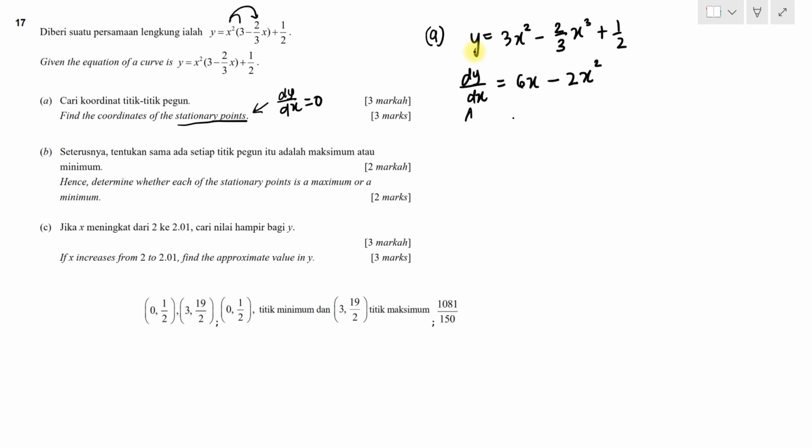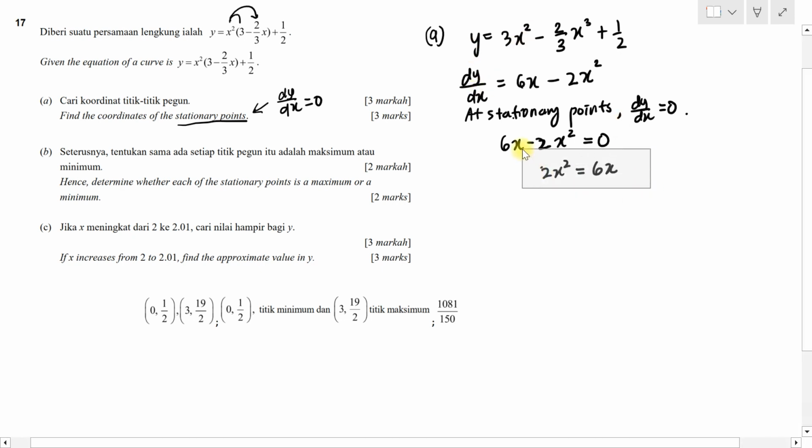Okay, at stationary point, dy/dx equals to 0. So 6x minus 2x square is equal to 0. So 2x square is equal to 6x.